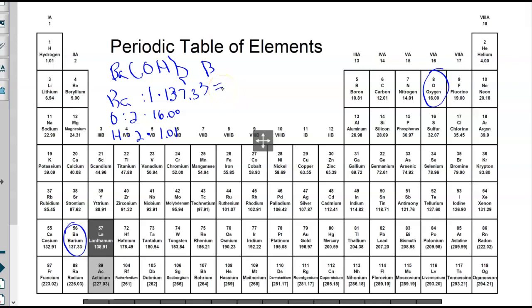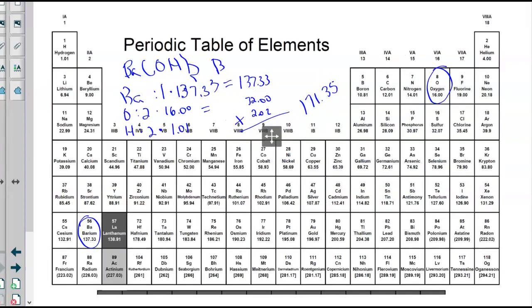So I took 1 barium, because in our formula we have 1 barium, so 1 times 137.33 is 137.33. 2 oxygens in the formula, so 16 times 2 is 32.00. And then 2 hydrogens from the formula times 1.01 is 2.02. We're going to add those all up. So 137.33 plus 32 plus 2.02 gives me a molar mass of 171.35.